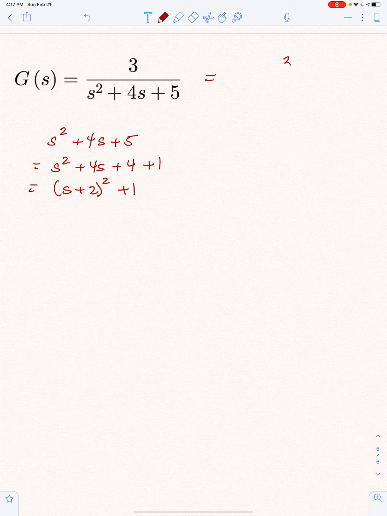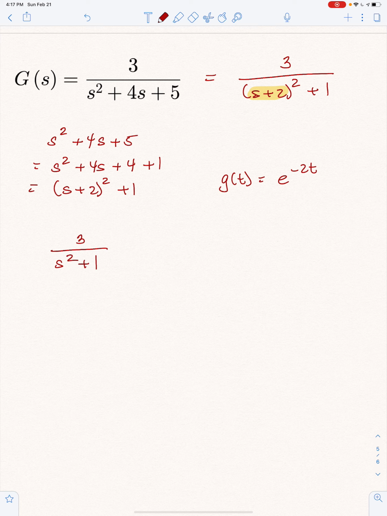So that means my transform is equal to 3 over s plus 2 squared plus 1. Now, what's apparent here? I'm looking right at this and I'm saying, okay, my original function, which I'm just going to write a space for it here, must have had an e to the negative 2t in it because it looks like there is an s plus 2 where an s used to be. So we're going to find the inverse transform of 3 over s squared plus 1.